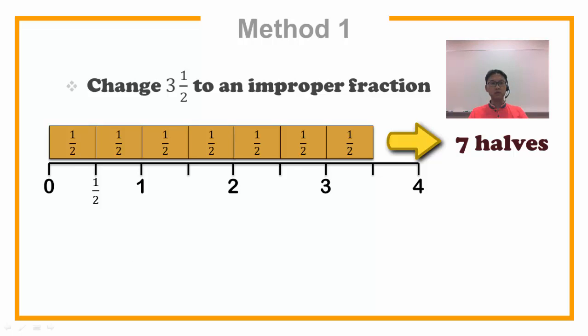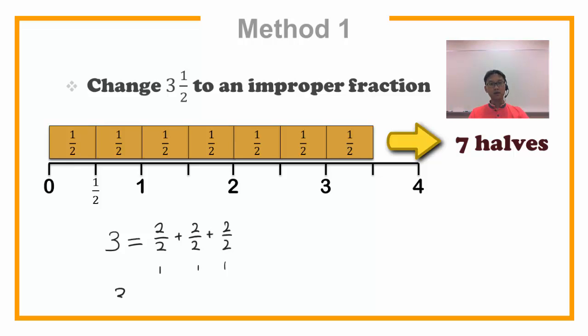Let's write it out a little bit. So let's say I have 3 wholes. Let me tackle my 3 wholes first. 3 wholes is actually made up of 2 over 2 plus 2 over 2 plus 2 over 2, because 2 over 2 is 1 whole. So 1 whole, 1 whole, 1 whole, I have 3 wholes.